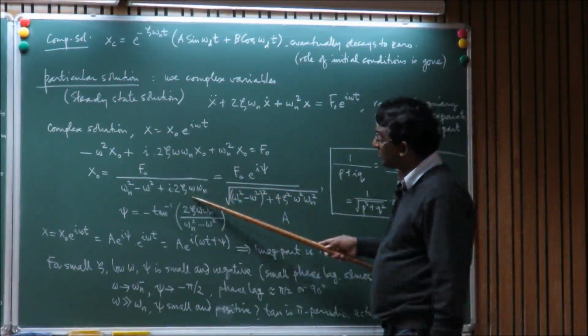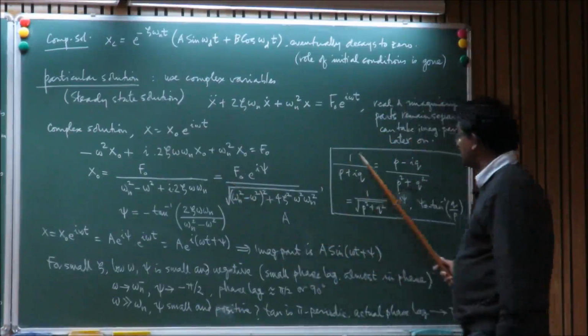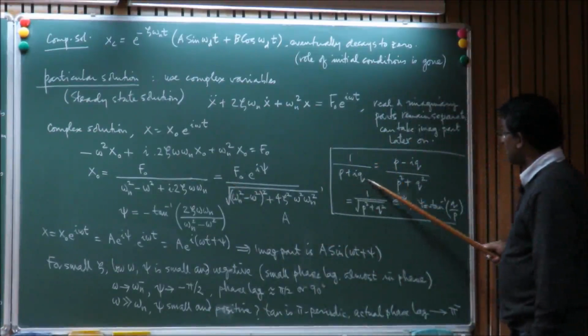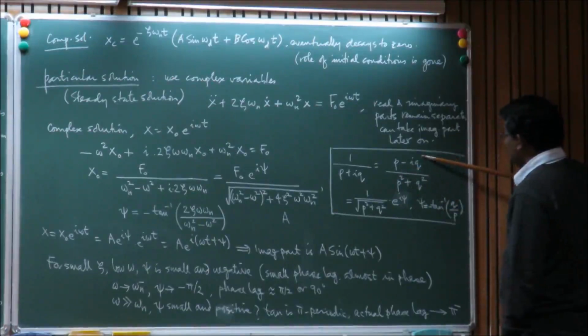Now we will make the denominator real, and I'm going to use a trick that is in this box over here. It's a very routine trick. 1 over p plus iq is written as p minus iq by p squared plus q squared. This upper part has a magnitude of square root of p squared plus q squared.